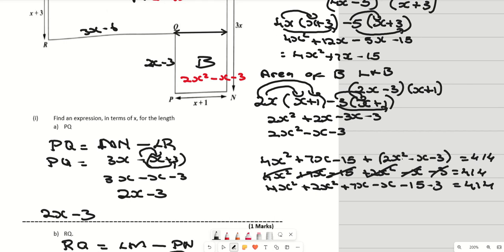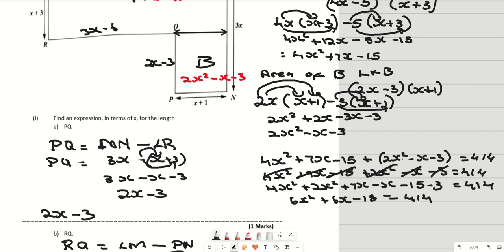So that is 4 plus 2, which is 6x squared. 7 minus 1 is equal to plus 6x. Minus 15 minus 3 is minus 18, is equal to 414.